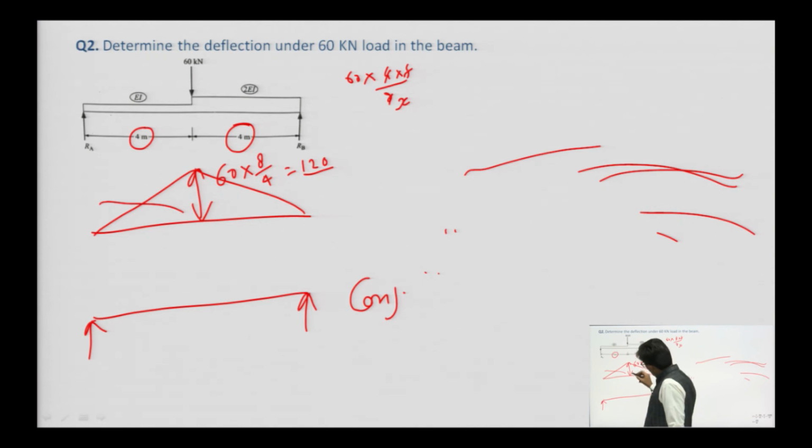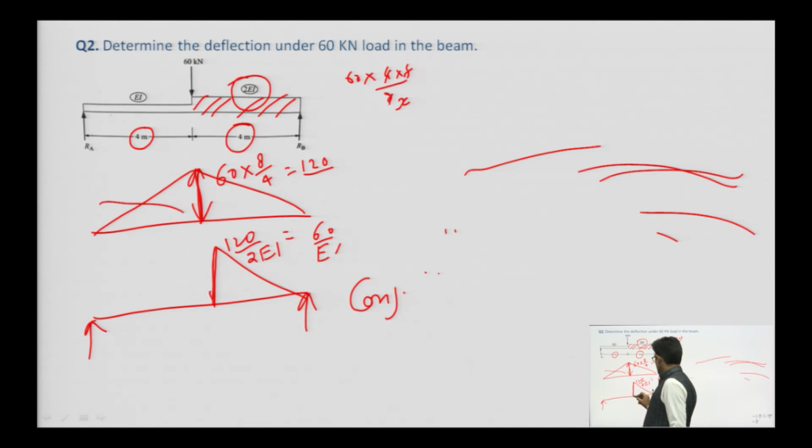Now, the ordinate of this BMD: since the modulus of elasticity E is the same but the moment of inertia is 2I, the section is changed. So every ordinate is going to be divided by 120 upon 2 EI. 120 upon 2 EI means it is 60 upon EI. This is one ordinate.